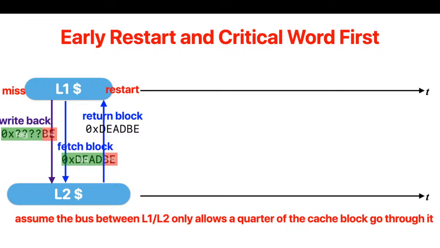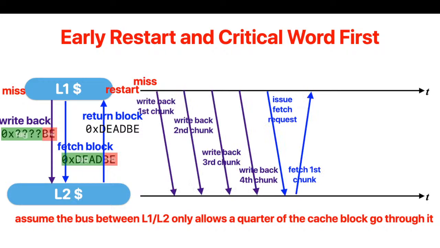But the idea of this is that, well, this is the original timing diagram, right? So there's still nothing we can do for write backs at this time. But the basic idea of early restart and critical word first is that whenever you have a miss, and as we said, because your processor only accesses 64 bits of data each cycle, there must be one word.